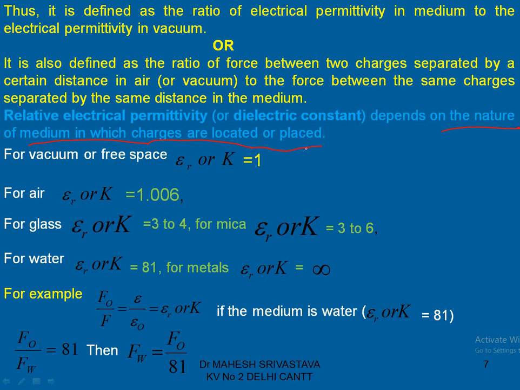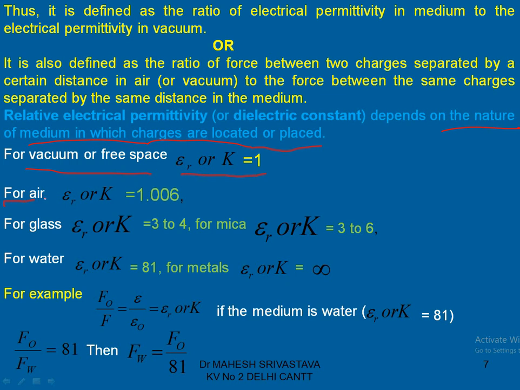Now remember some values of the relative electrical permittivity or dielectric constant for different media. For example, for vacuum or free space, epsilon R or capital K is equal to 1.